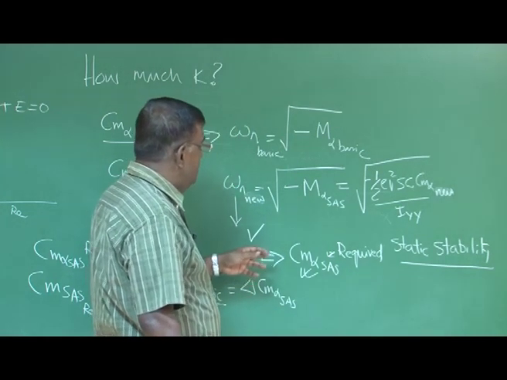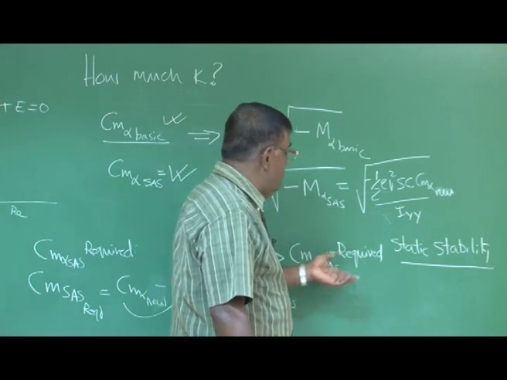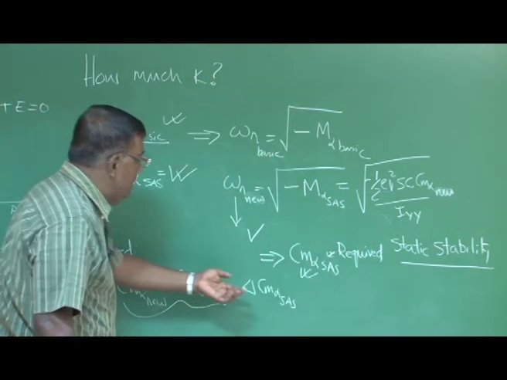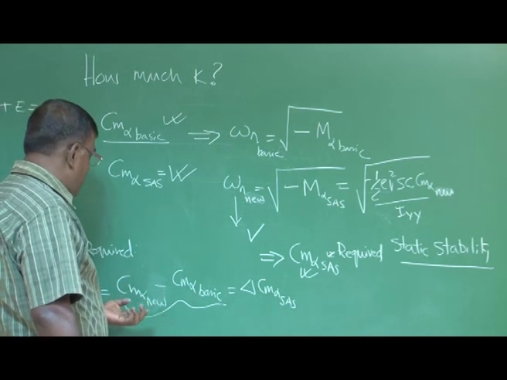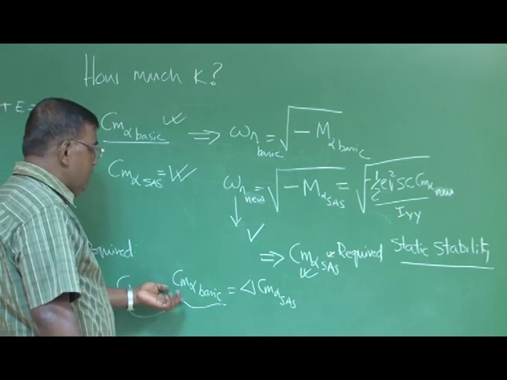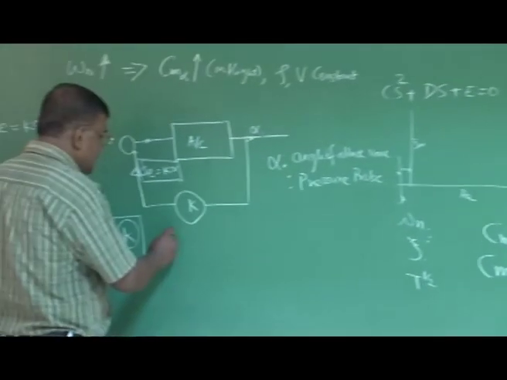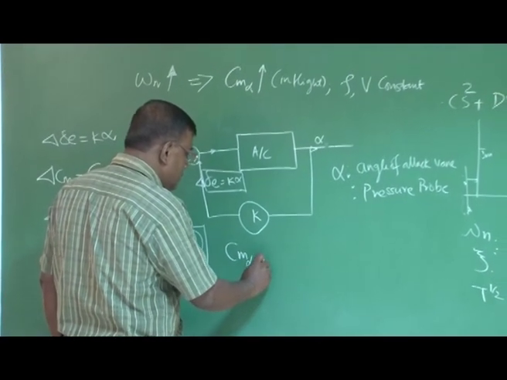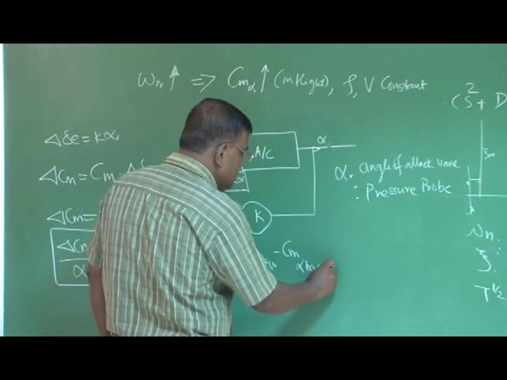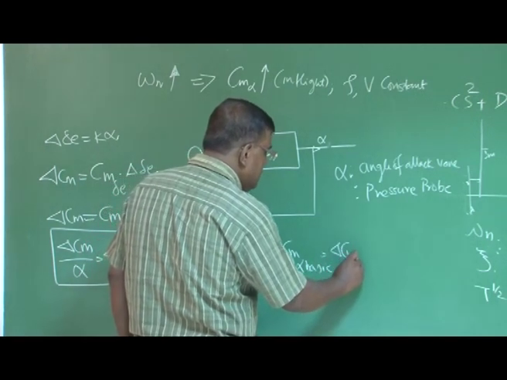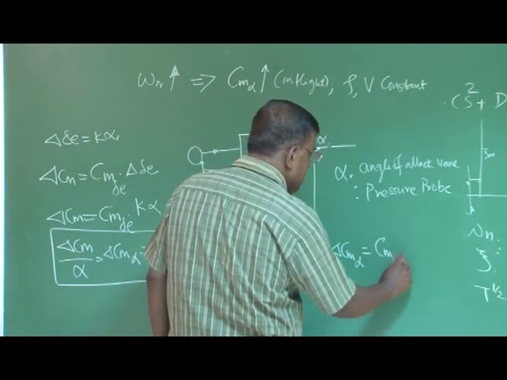That means, next question is how much Cm alpha SAS is required, so that delta Cm alpha SAS gives the additional delta Cm alpha, which is nothing but Cm alpha new minus Cm alpha basic. Okay. And then you know this Cm alpha new minus Cm alpha basic, which is delta Cm alpha, is equal to Cm delta E into K, right?